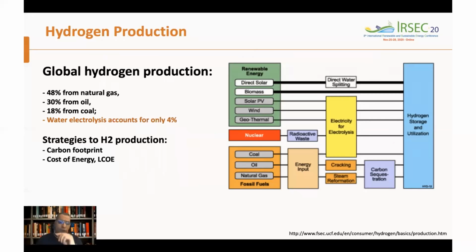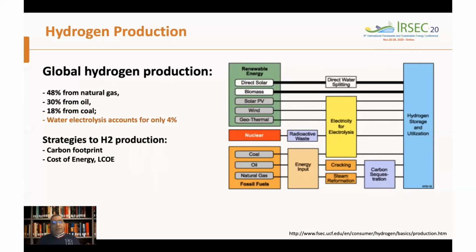For example, 50% comes from natural gas, 30% from oil, and 18% from coal. As fossil sources, they are all industries that are emitting a greenhouse footprint. And also, water electrocatalysis, for example, accounts for only 4%. It is not sufficient for us.